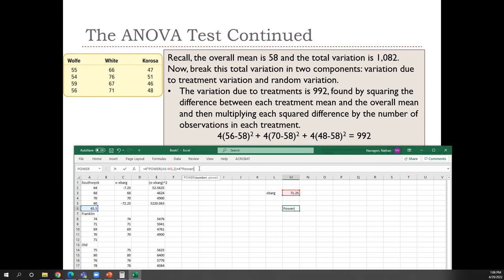We're going to use the same formula, since we have 4 observations, multiply it by power, our mean minus our grand, then put comma for the formula, squared. Okay, then do it one more time, plus how many observations? We have 4.